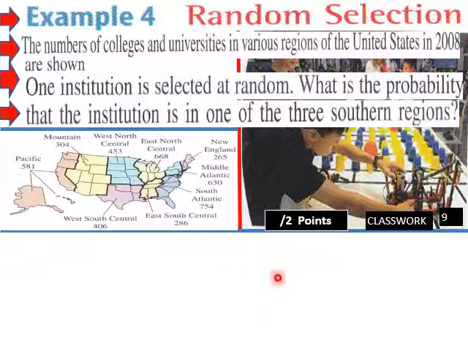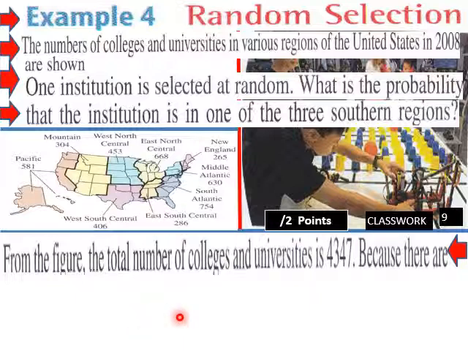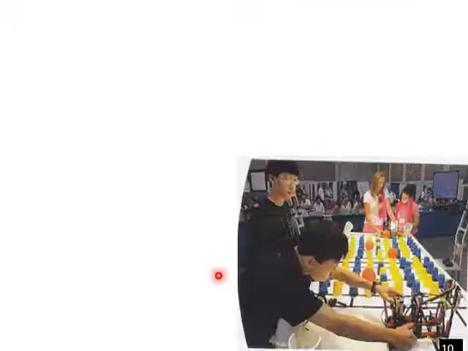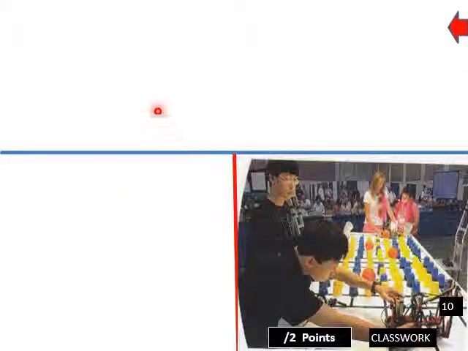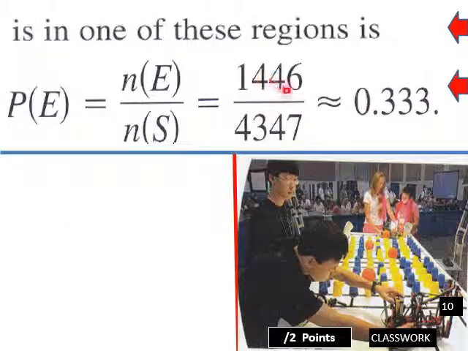The total number of colleges and universities is 4347. Because there are 1,446 colleges and universities in the 3 southern regions, the probability that the institution is in one of these regions is 1446 over 4347, which is about 0.333.